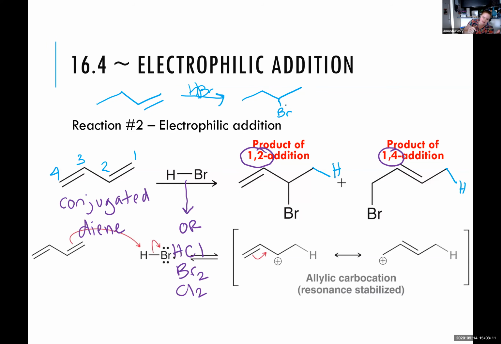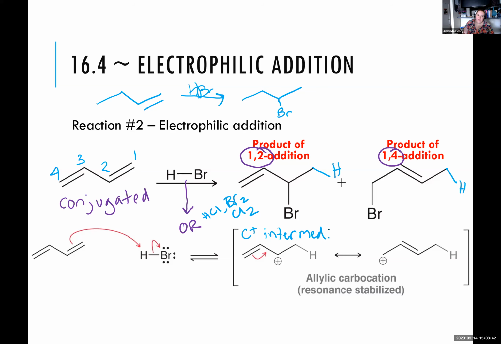Here's our intermediate. I'm going to do a little erasing here. We have our conjugated diene. It reacts with the HBr, so it's grabbing onto that hydrogen. Bromine is the leaving group. We create this carbocation intermediate, and it is resonance stabilized.